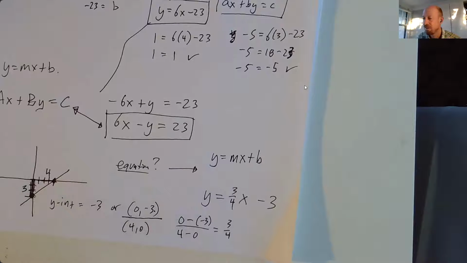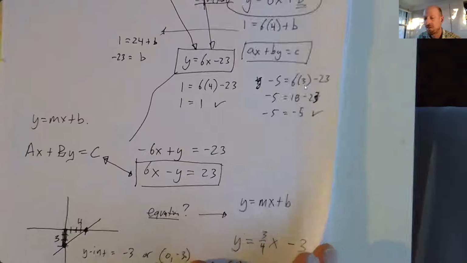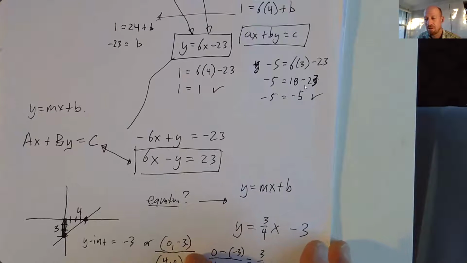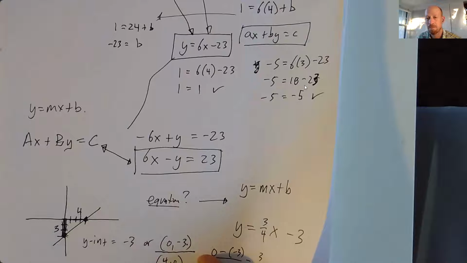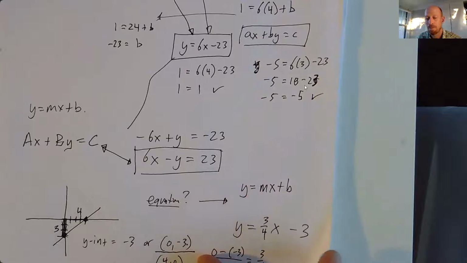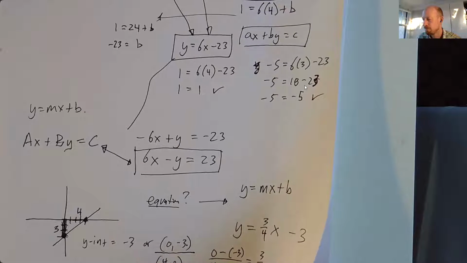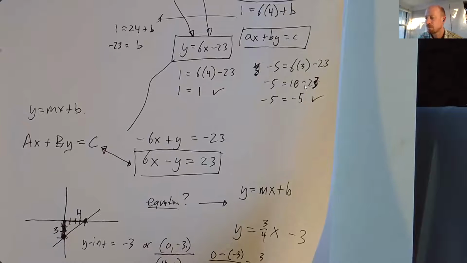One from last night that I was kind of struggling with says graph the piecewise defined function. It was g of x equals, with the squiggly bracket.